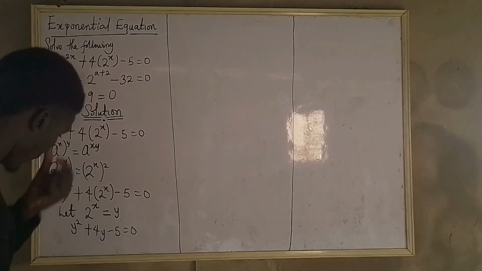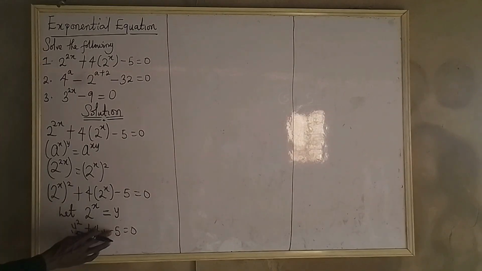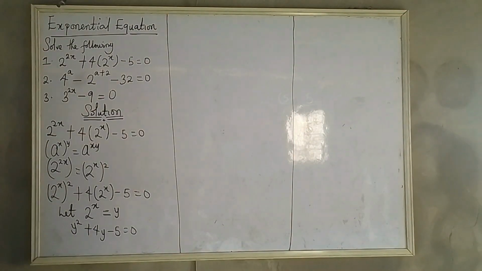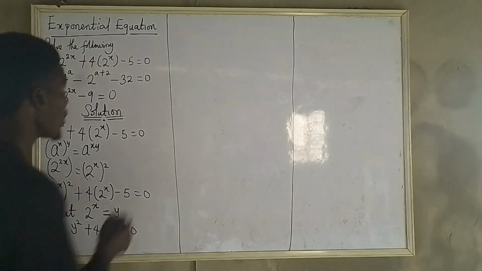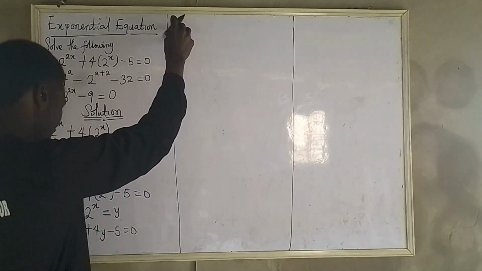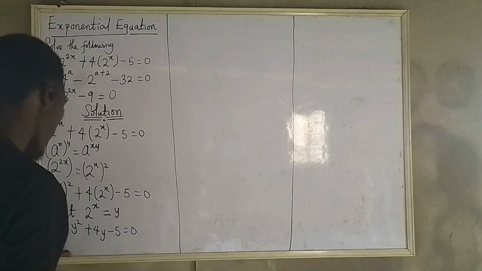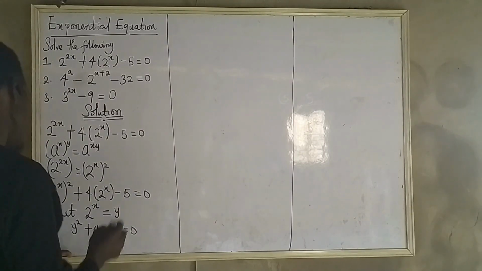So let's solve using the factorization method. I want to believe that you are familiar with the factorization method. So if you want to factorize this, what will be the factors? The factors are going to be 5 and 1.